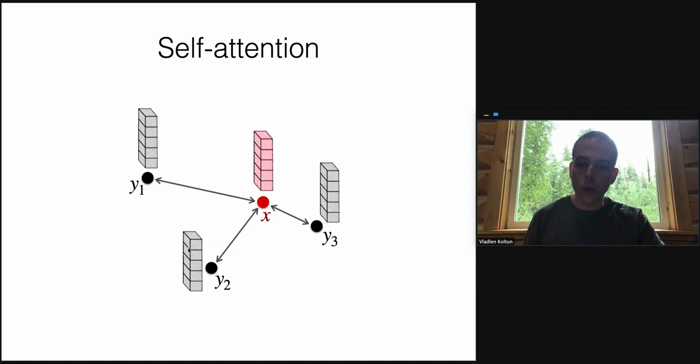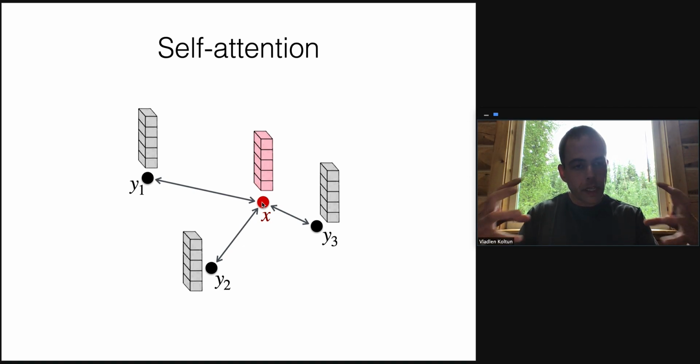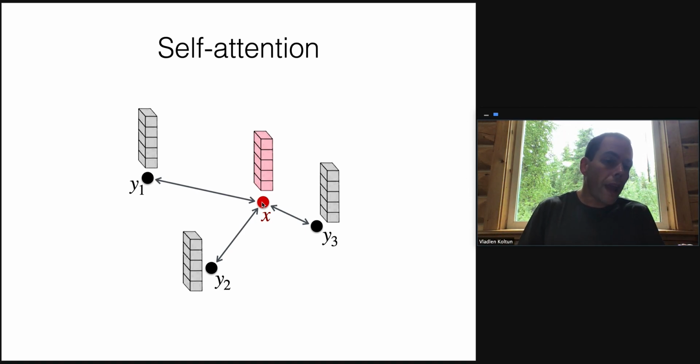Likewise, for Y2, the feature at Y2 is going to be taken by X with a weight that is determined by the distance between X and Y2, and so forth. So X will get a weighted combination of features from other points, where the weight for each point is going to be determined by distance in feature space.